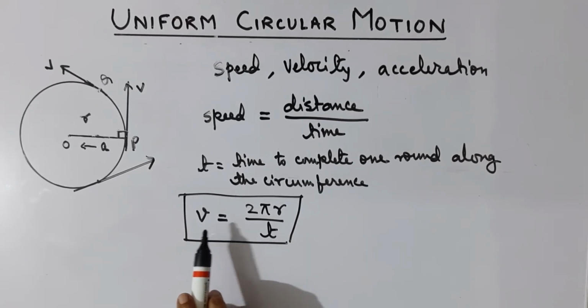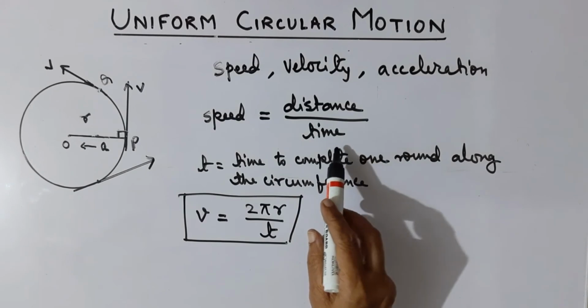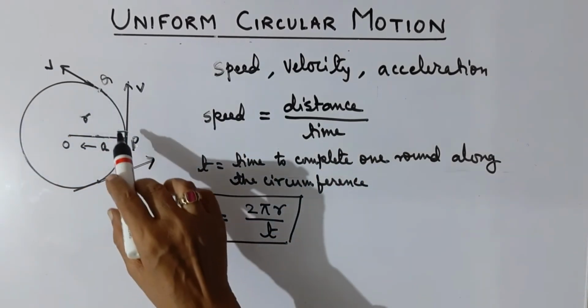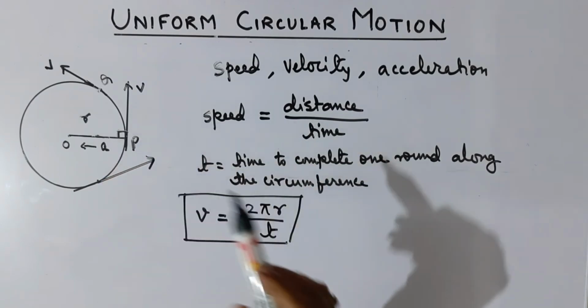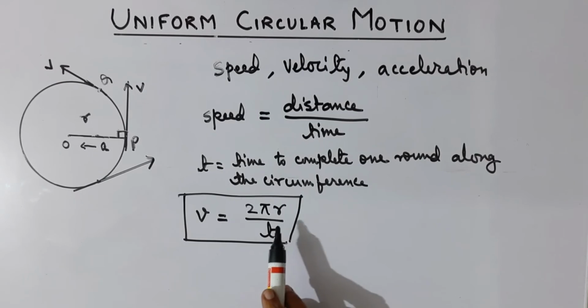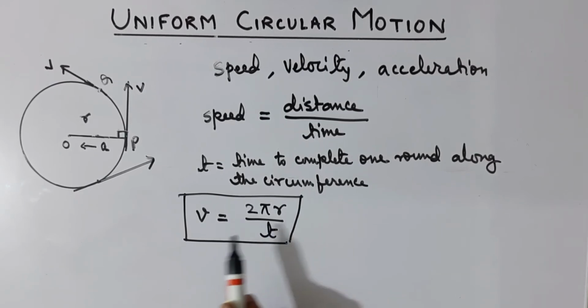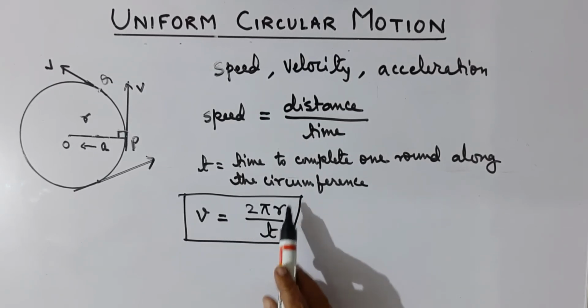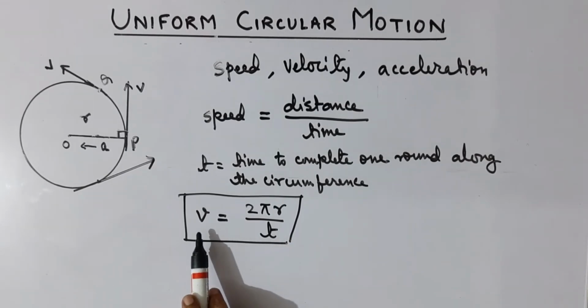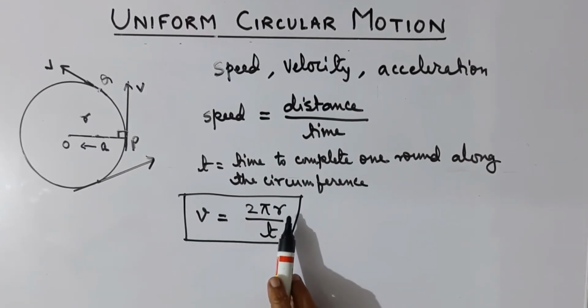As we know, speed is the distance travelled per unit time. When the object completes one round along the circumference, the distance travelled is equal to 2 pi r, where r is the radius of the circle. So that v is equal to 2 pi r upon t. This is the relation between the speed, radius and time t.